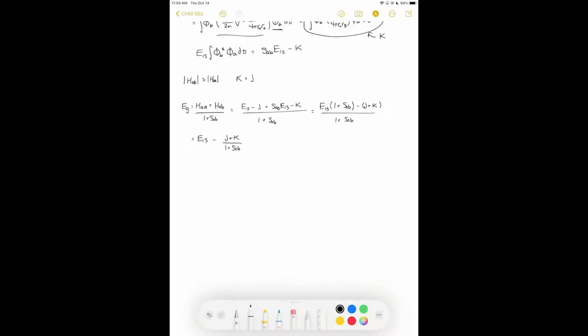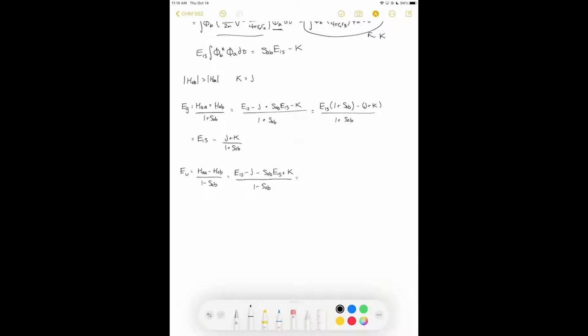Now we can do the same thing for EU and find out that EU, being HAA minus HAB over 1 minus SAB, is going to be equal to E1s minus J, and then minus SAB E1s plus K divided by 1 minus SAB.